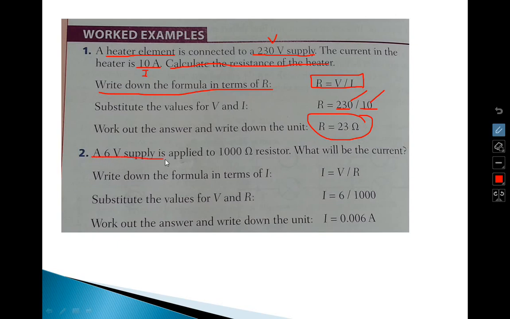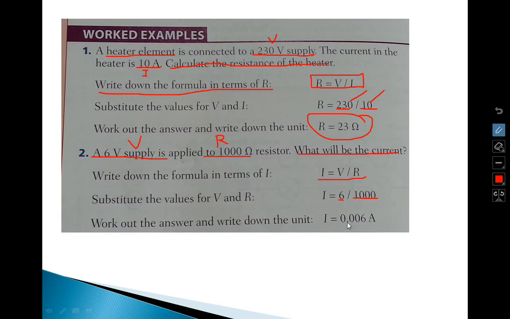In example number 2, we have a 6 volt supply applied to a 1000 ohm resistance. So we have V and we have R, and we need to find the current I. I is equal to V over R. V is equal to 6 and the resistance is equal to 1000.